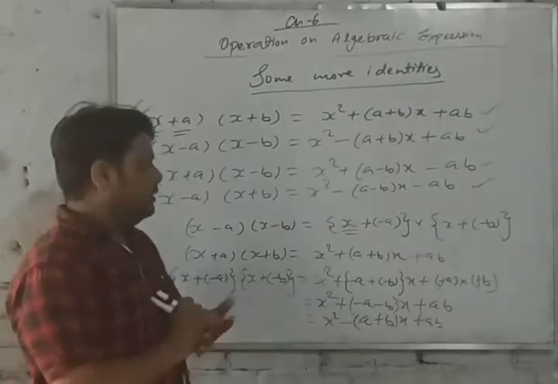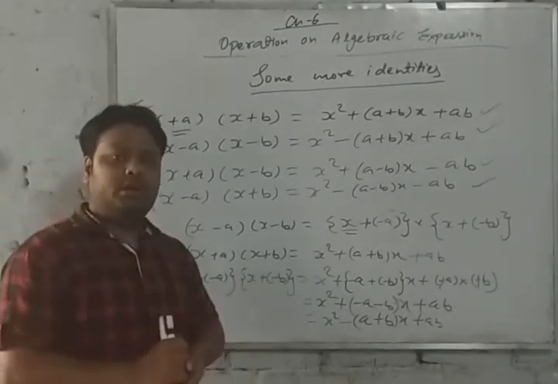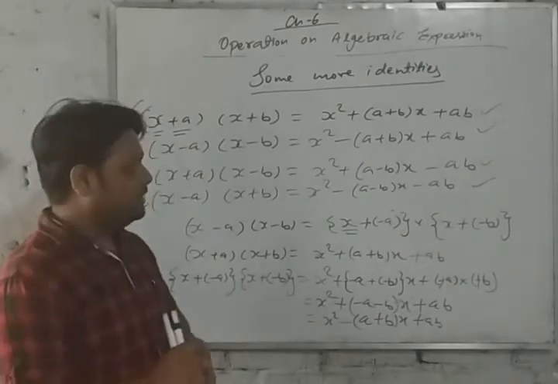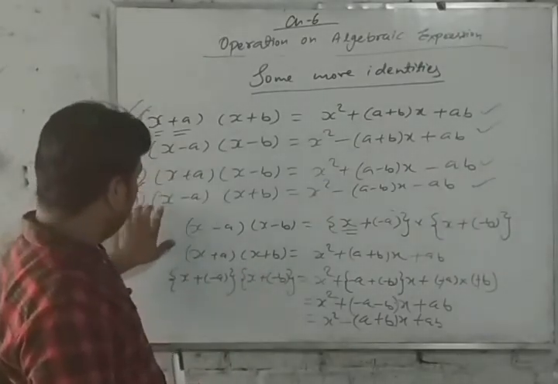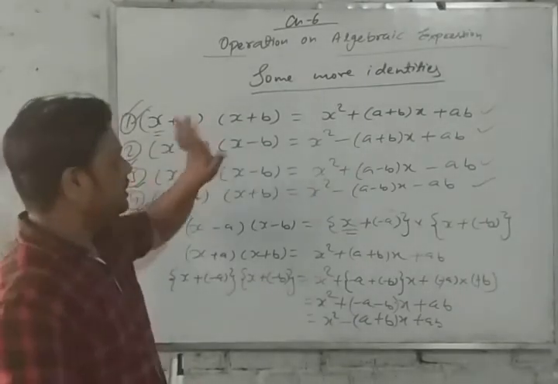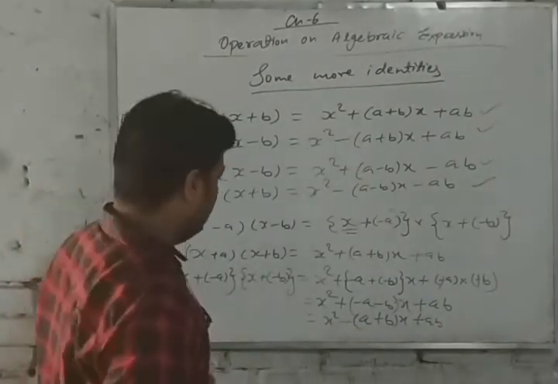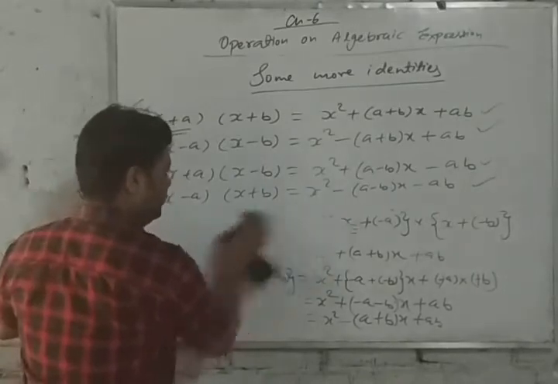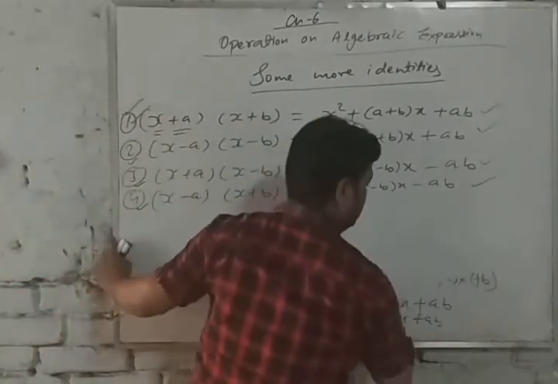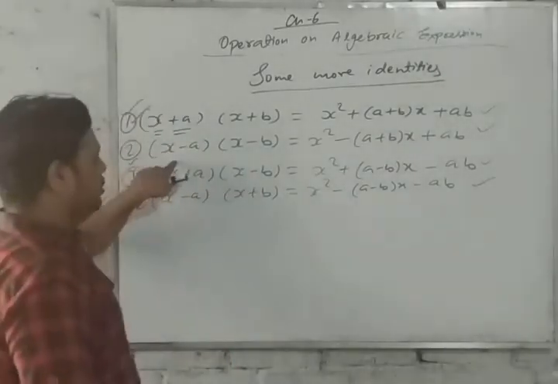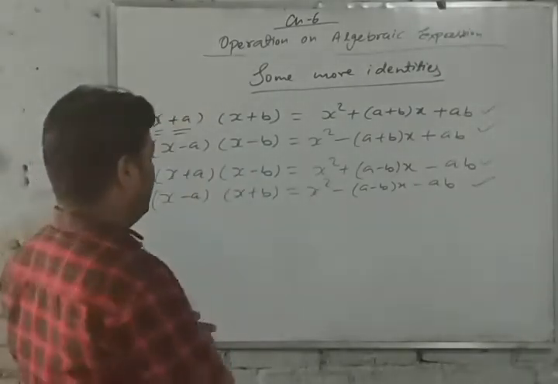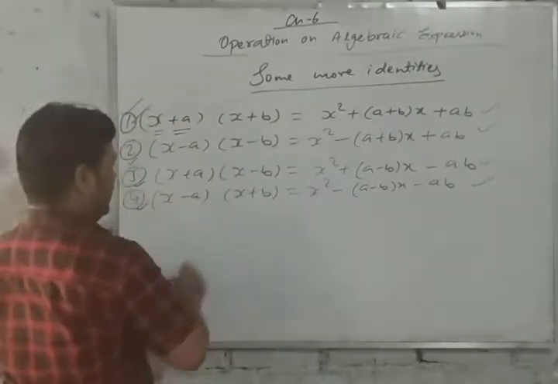Now students, but before solving one example based on these identities, let's prove the other two also by using this formula. Okay, so now we have just proved identity 2 with the help of 1. Now let's solve the third identity.